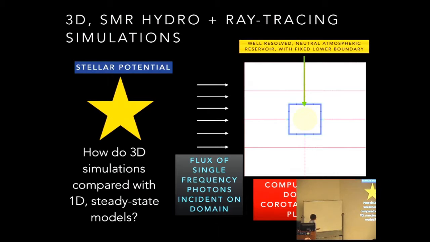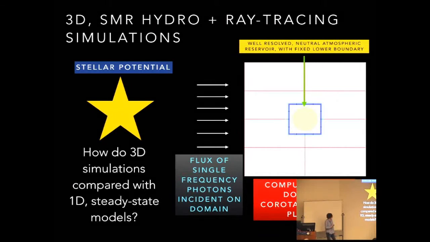So for the case I'm presenting here, what we've done is 3D static mesh refinement, so that's what SMR stands for, hydrodynamic simulations with ray tracing to track the photons coming from the star. So I'll go through each of these pieces now in a little bit more detail. So we start out here on the right with our computational domain, and at the center of the domain we have our hot Jupiter.